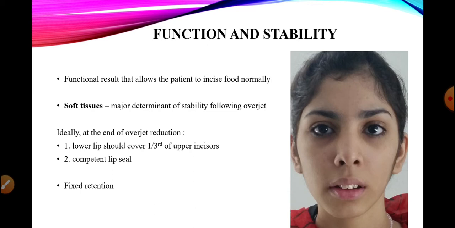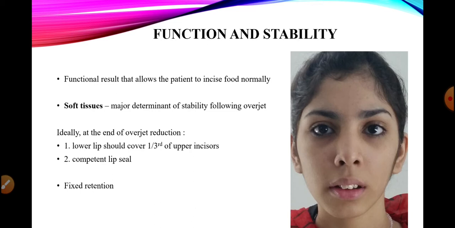That is why the upper incisors are prone to procline. In an ideal situation at rest, the lower lip covers the lower incisal third of the upper incisor. So the incisal third is covered by the lower lip.